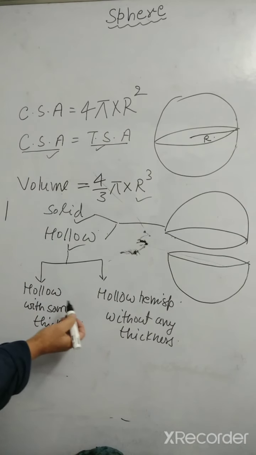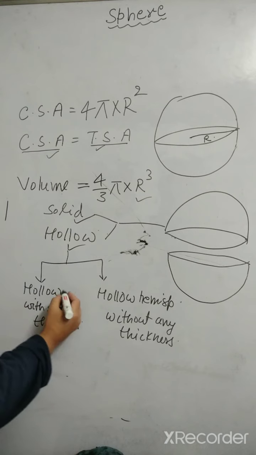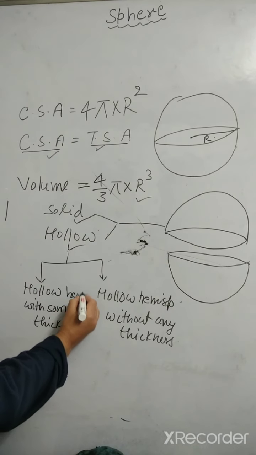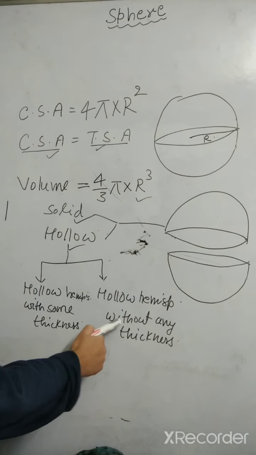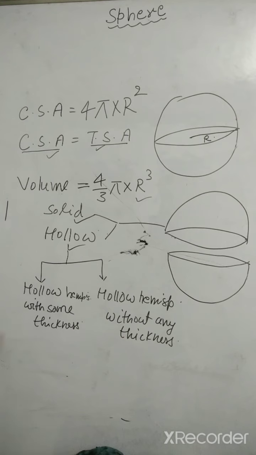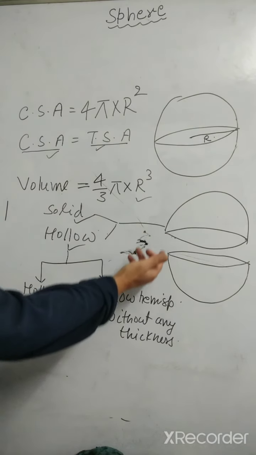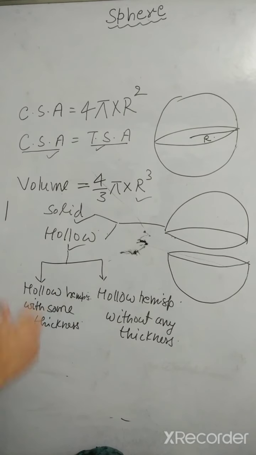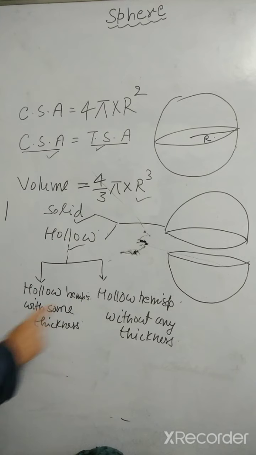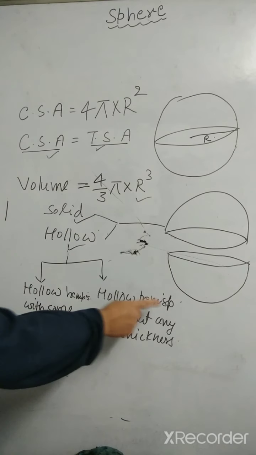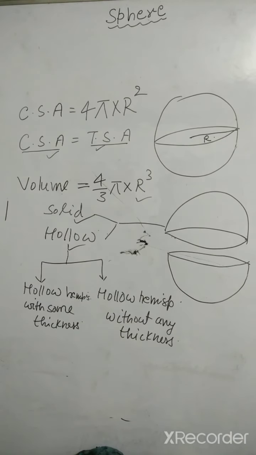So I'll tell you how to find the curved surface area, the total surface area and the volume of a solid hemisphere, of a hollow hemisphere with some thickness, of a hollow hemisphere without any thickness, right?